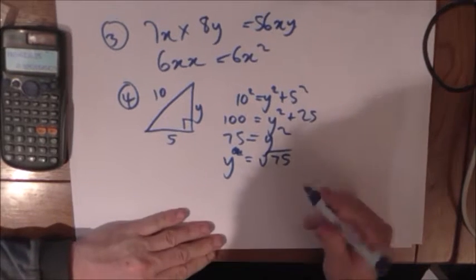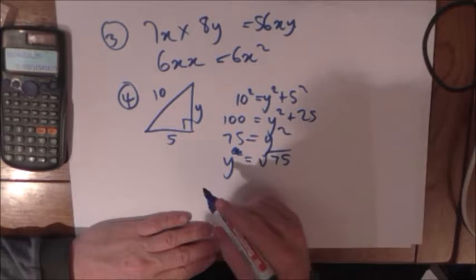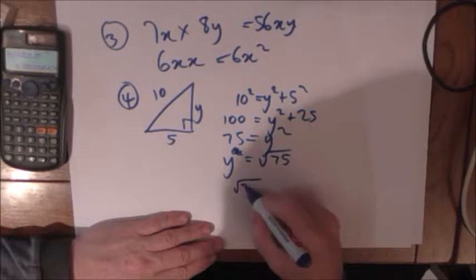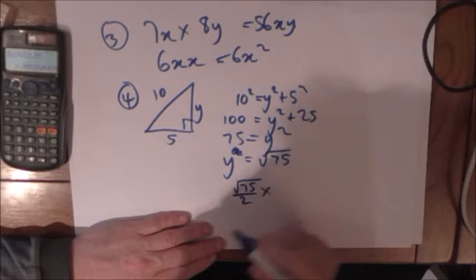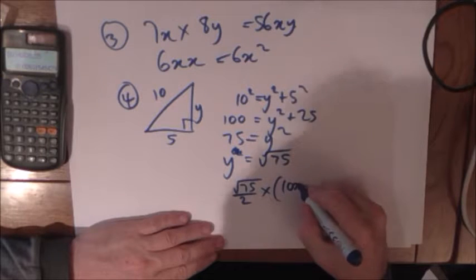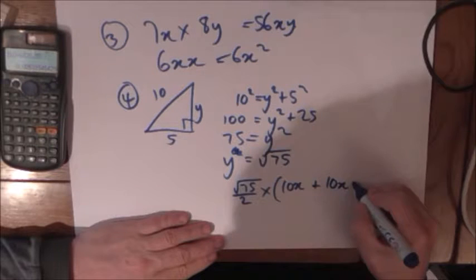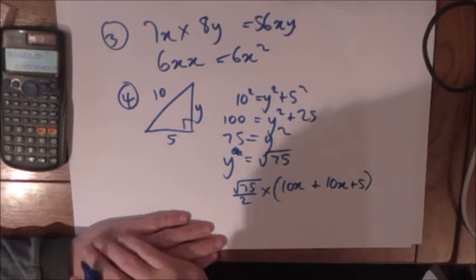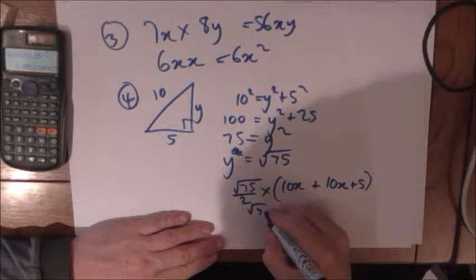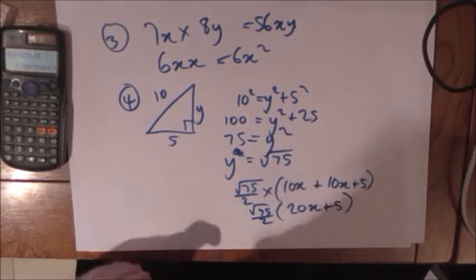So the gap between the parallel sides is half of root 75 times the sum of the parallel sides. That's the top side, and that is the bottom side. So that's root 75 over 2 times 20x plus 5.